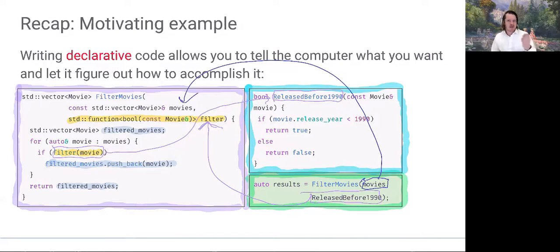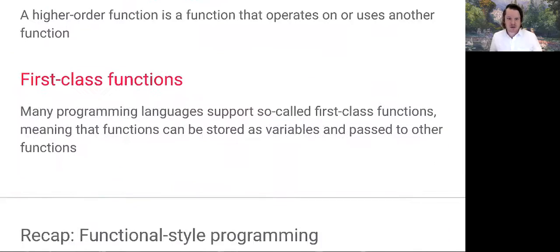When associated with the call operator, the compiler knows what action should be taken when it sees filter in filter movies. That action is pausing execution of filter movies, stepping into released before, passing that movie as an argument to initialize the reference parameter, running through the code, getting the result, passing that back, and continuing execution in filter movies.